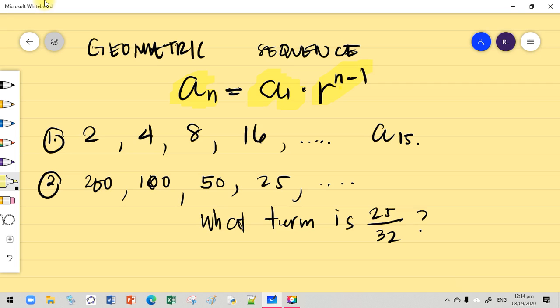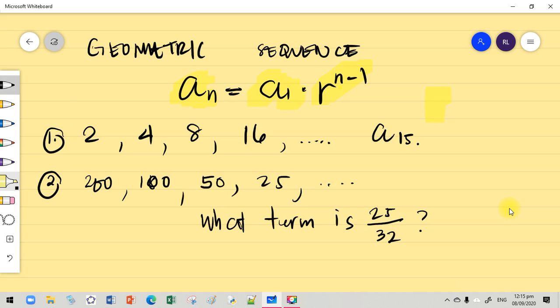So our first problem says: if the sequence is 2, 4, 8, 16. What makes it a geometric sequence is that, by definition, the sequence progresses by multiplying a term by a constant value to get the next succeeding term, and that value is what we call r.